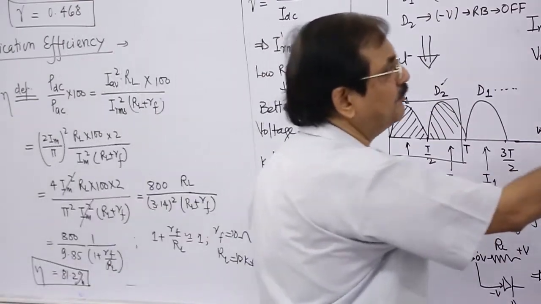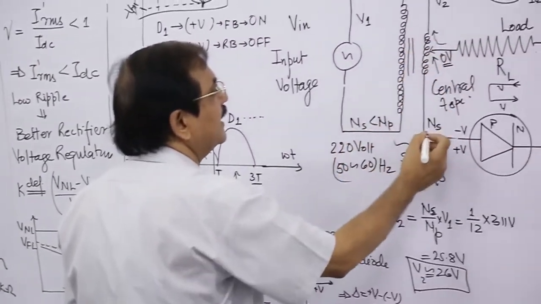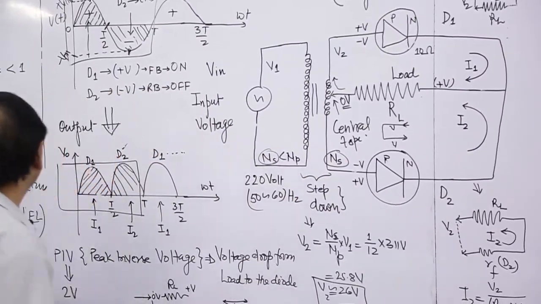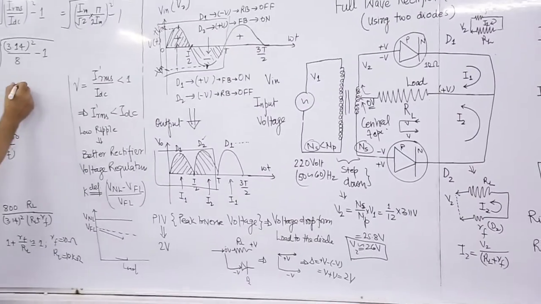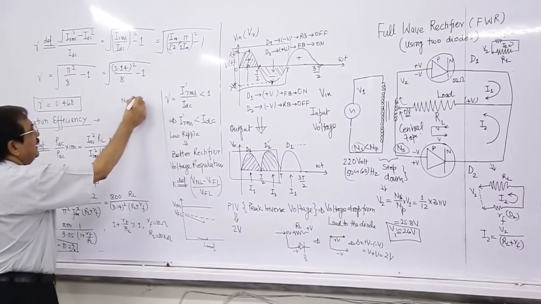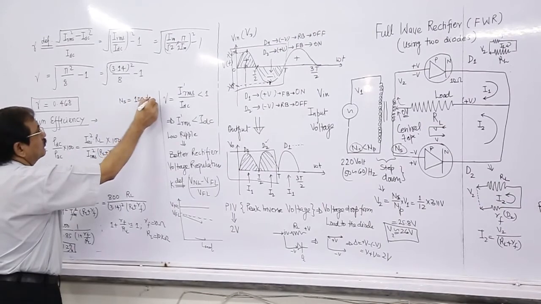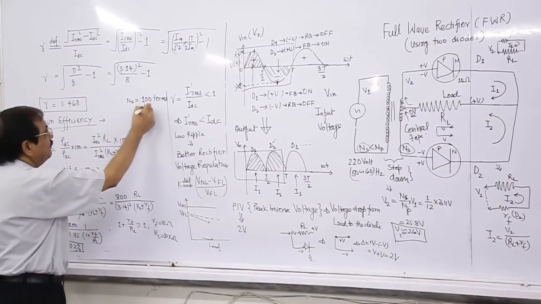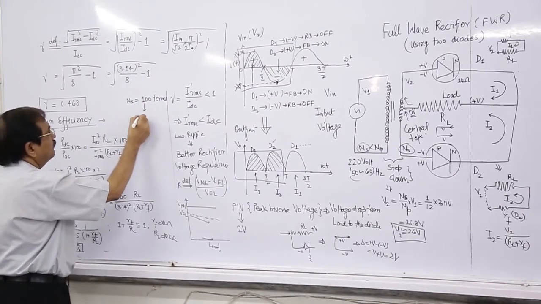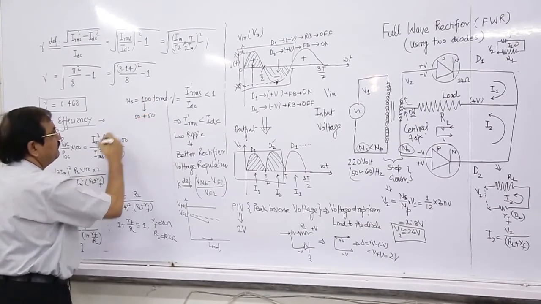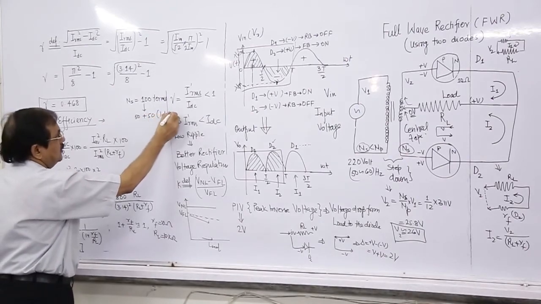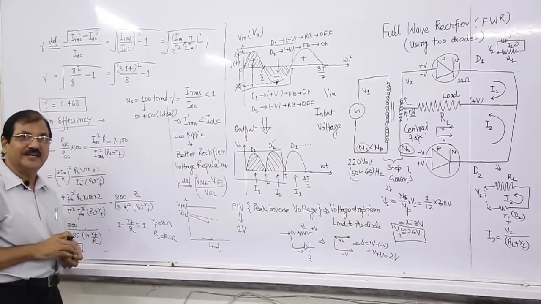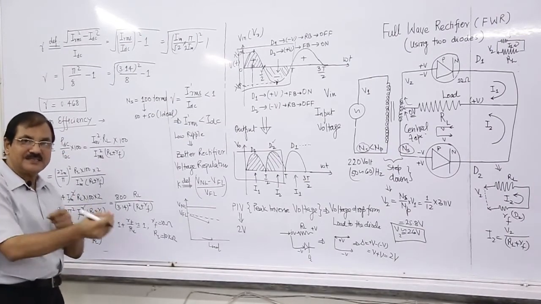Because it is a practical problem. Suppose the secondary has N equal to 100 turns. So, center tap means 50 plus 50. 50 plus 50 is ideal, but whenever we take the central point, there is a difference.